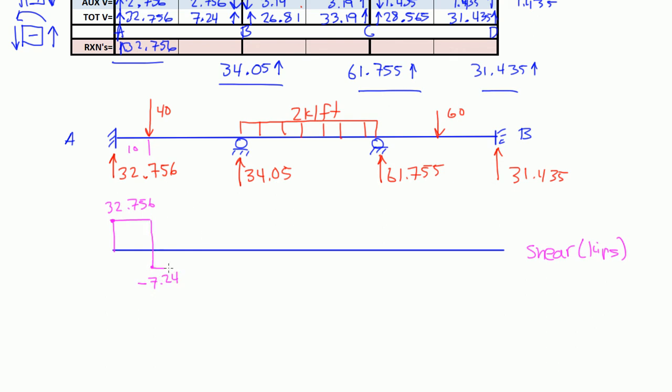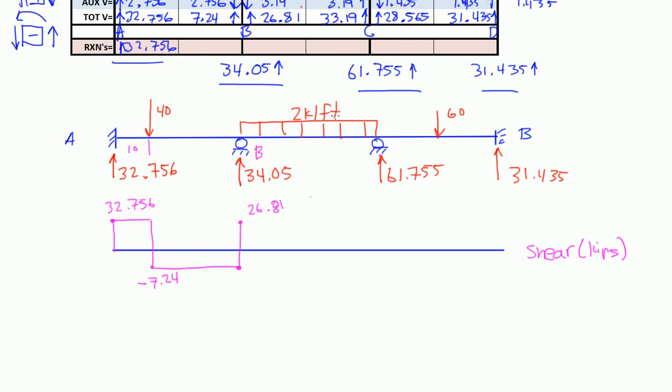And then again, you really don't have anything going on until you get to B. So at B, you have negative 7.24 down here, and then it goes up a distance of 34.05, which drops you at 26.81, right?